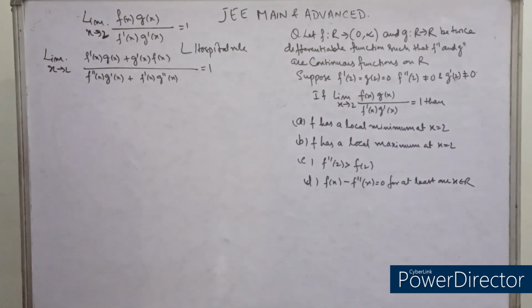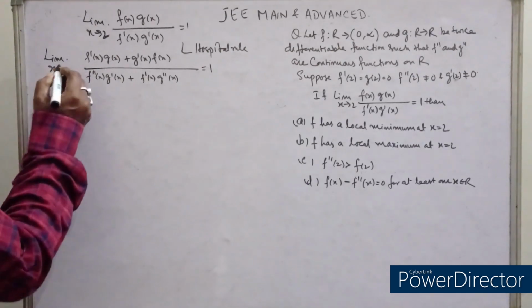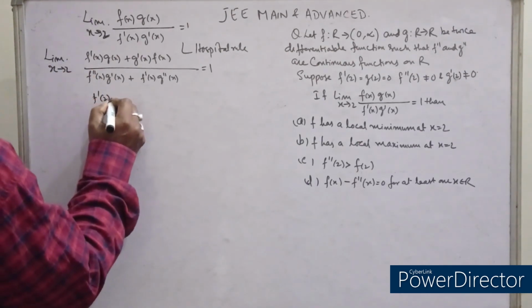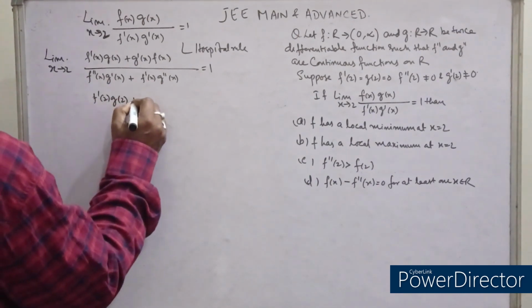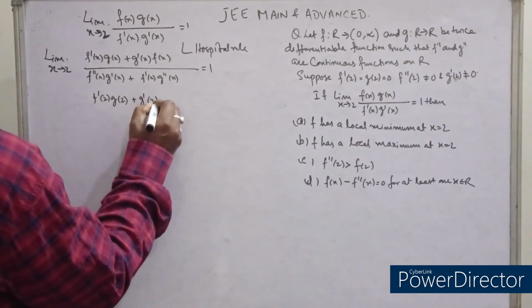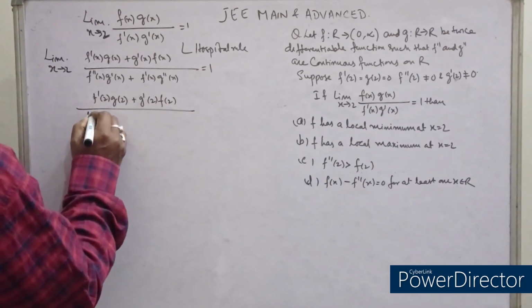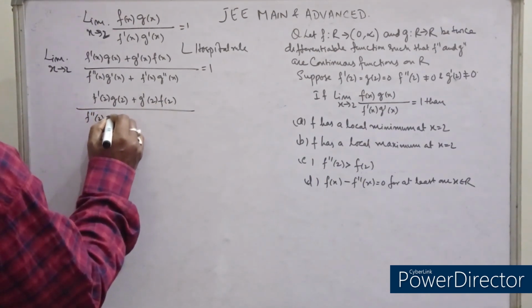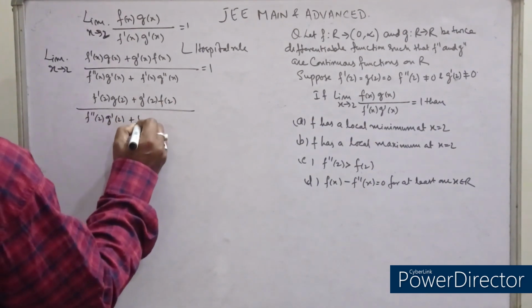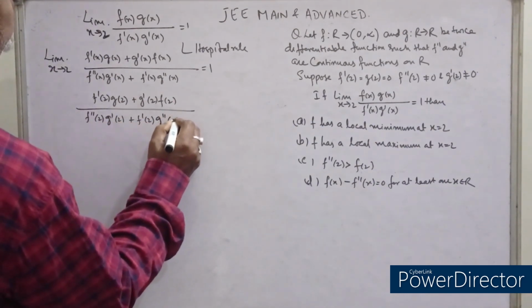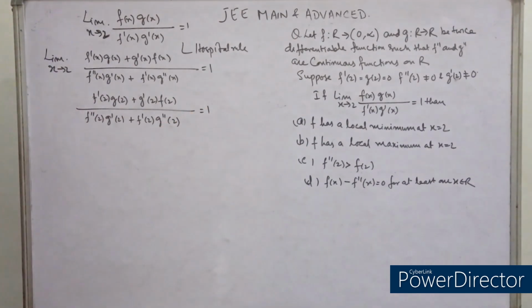So here you see that at x equal to 2, this will be f dash 2 g 2 plus g dash 2 f 2. Now here this will be f double dash 2 g dash 2 plus f dash 2 g double dash 2 equal to 1.